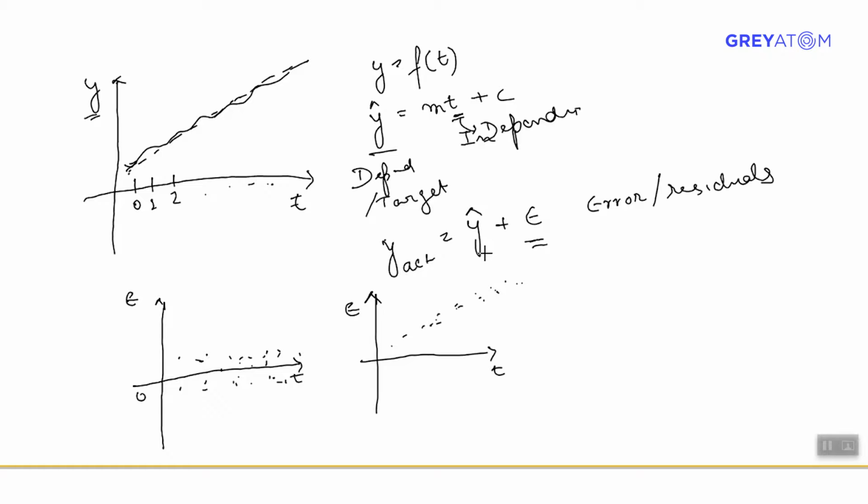So if you remember your last day's Australian drugstore data, it looked something like this, right? There was a seasonal pattern, a yearly pattern, that got repeated.